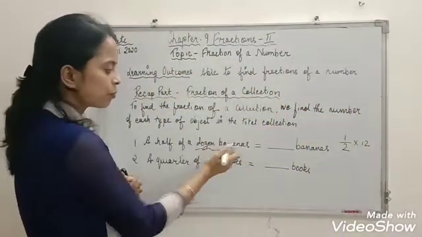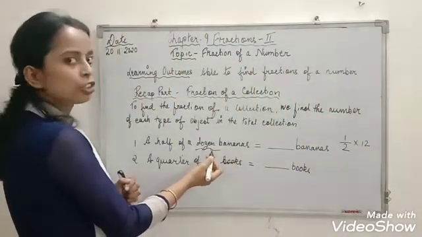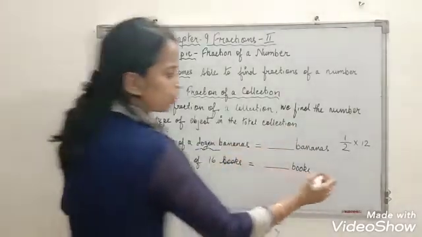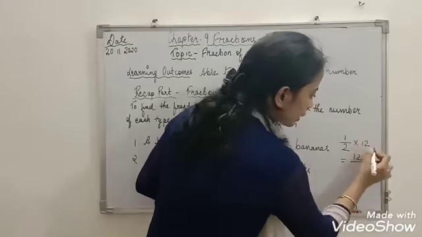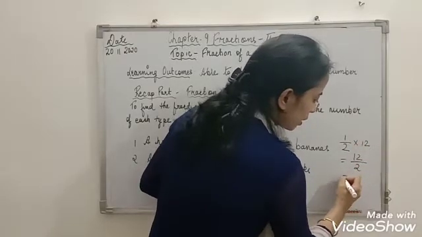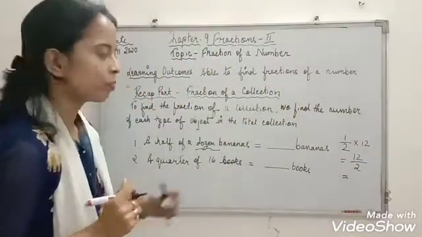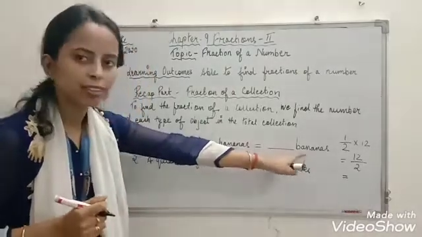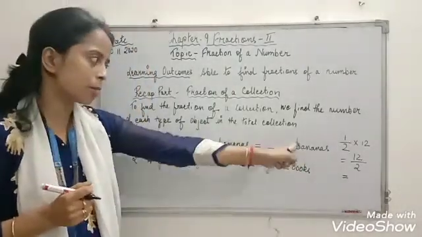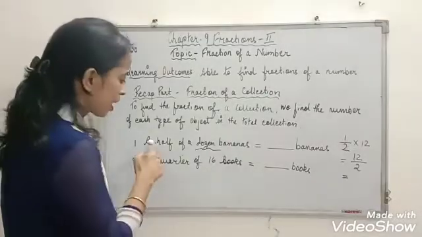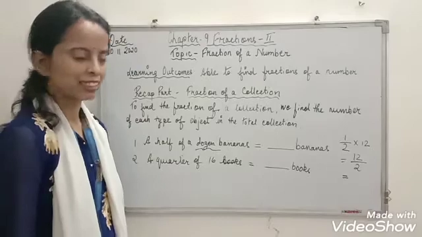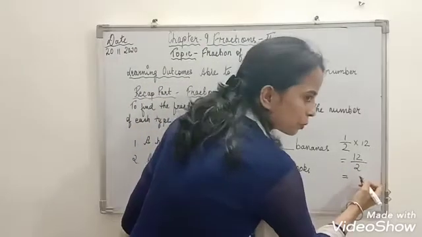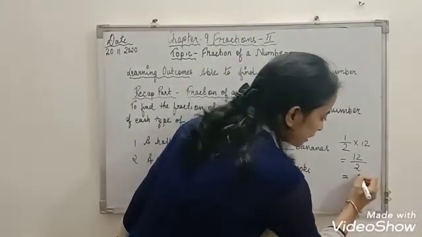Why have I written 12? Yeah, children, it's a dozen. Dozen means 12. So equal to 12 by 2. 12 into 1, 12 by 2. Now you will get the number of bananas. Now tell me, how many bananas? Half of a dozen bananas. 12 by 2 comes to how much? 6.